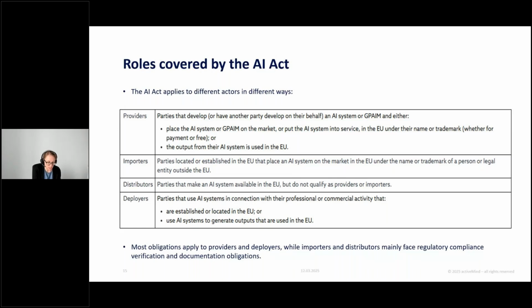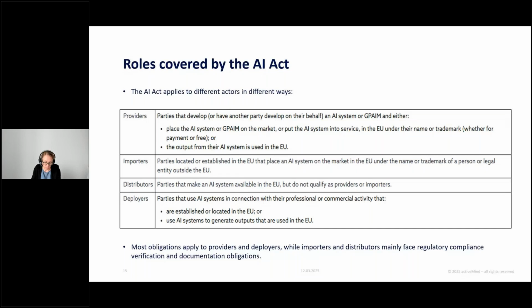Then the Act mentions distributors. Those are companies, for example, an online shop that is selling the software, and this distributor then needs to inform buyers of all relevant information regarding compliance with the AI Act.